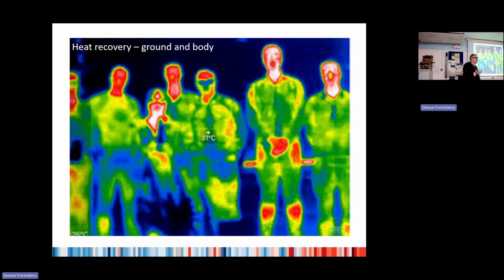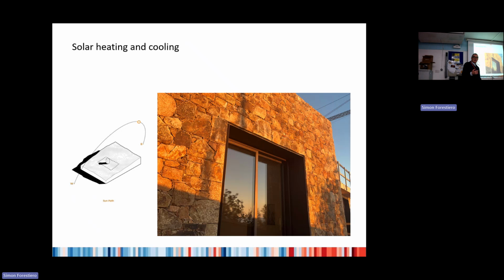Other things you can look at is, can you use the body heat of something down below as a heat exchange and heat recovery in your building, so you're not just using energy all the time. There are so many technologies now that you can look at in terms of energy. And just look at the colour of natural stone with a bit of evening sun on it, and that's understanding.